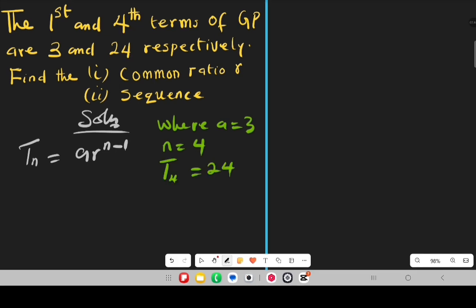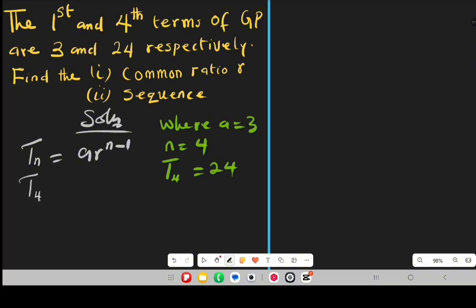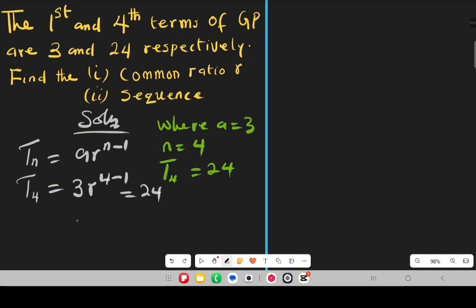Now we substitute these values into the main formula: T4 is equal to a, which is 3, r is not given, n is 4, minus 1, equal to 24. If we continue, we have 3r raised to the power of 4 minus 1, which gives us 3r cubed, equal to 24.